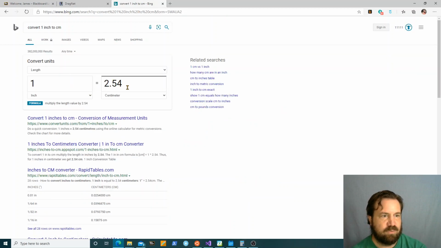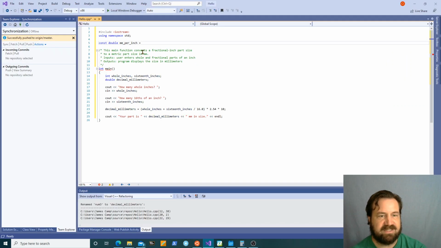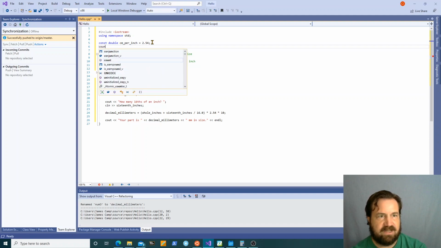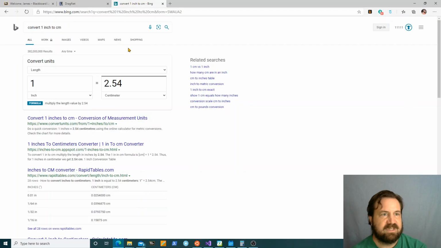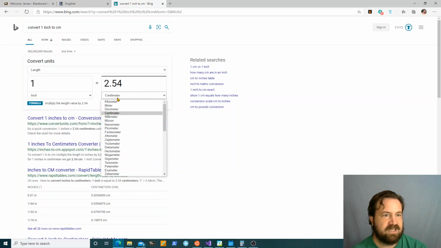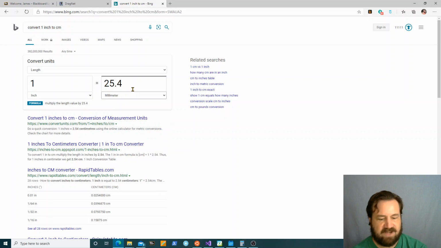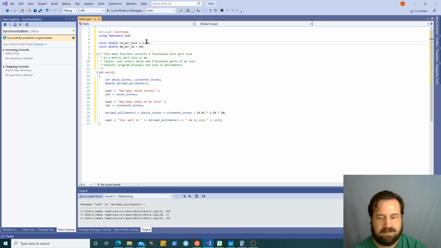That's 2.54, so that's the exact number. I did remember it correctly. Okay. That's centimeters per inch, 2.54. And then I can do const double millimeters per centimeter equals 10. Or if I wanted to convert 1 inch to millimeters, it's 25.4. I could, no need that I have to have two conversions in there, right?